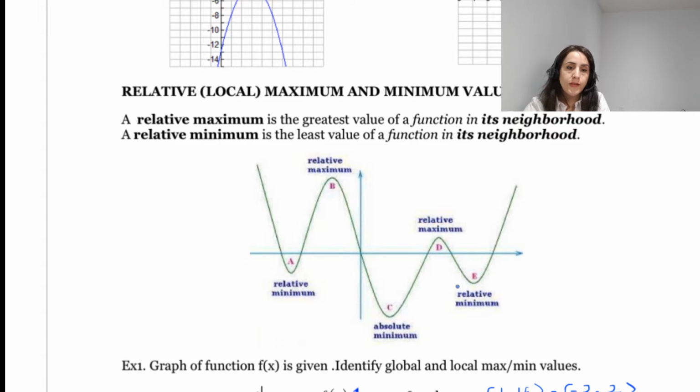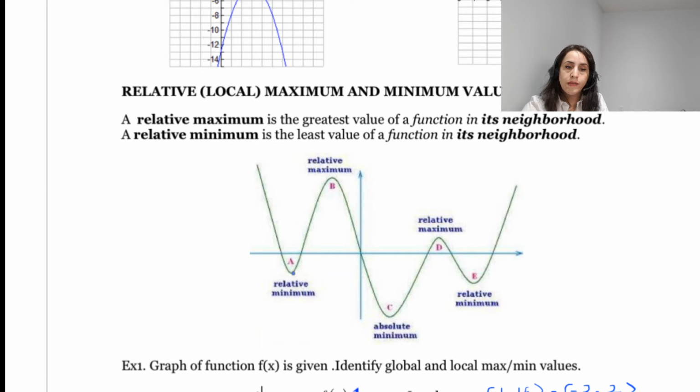As you see, for this graph, we have a couple of relative or absolute maximums or minimums. Here, the first point is point A. As you see, A is a turning point, with a low y value compared to the other y values around itself. It is a minimum because it's the lowest point in this neighborhood. Now let's see if it is an absolute minimum or relative minimum.